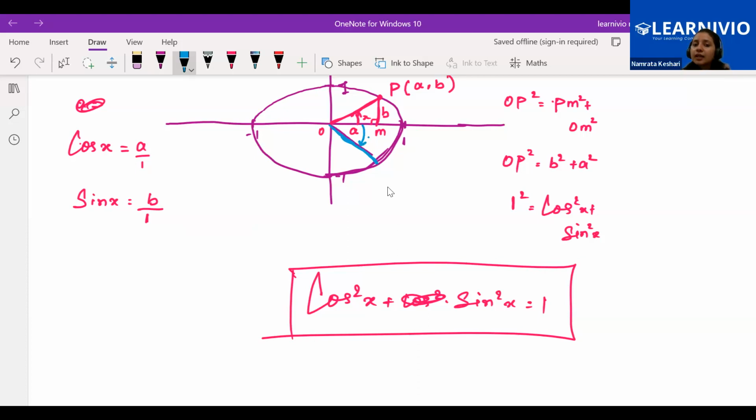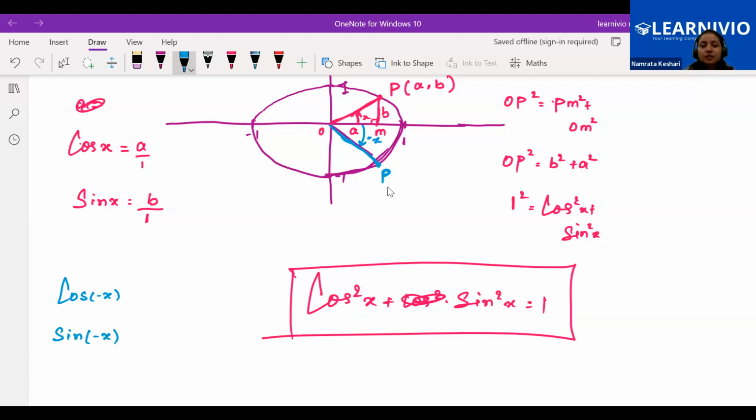If the angle x is taken in the clockwise direction, then it will be a negative angle. Yes or no, Ali and Alina? That means if we take point P over here, the angle will be negative. Here we will see what is cos of minus x and what is sin of minus x.